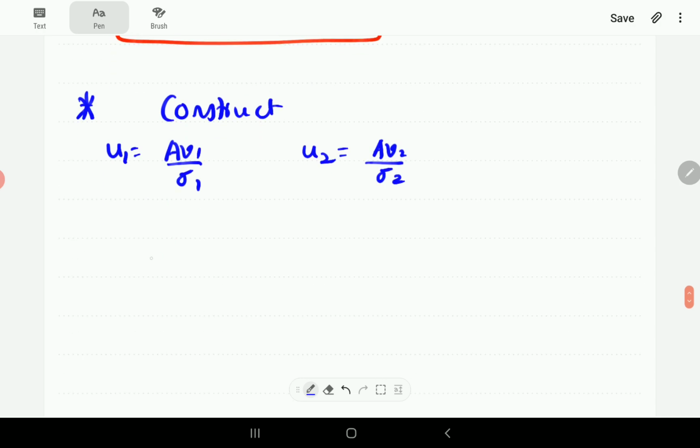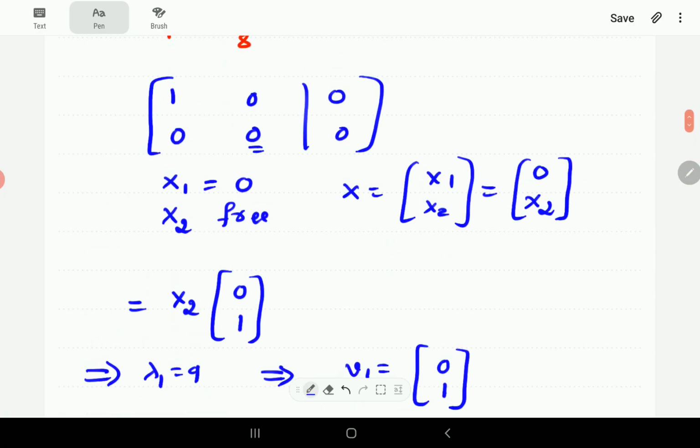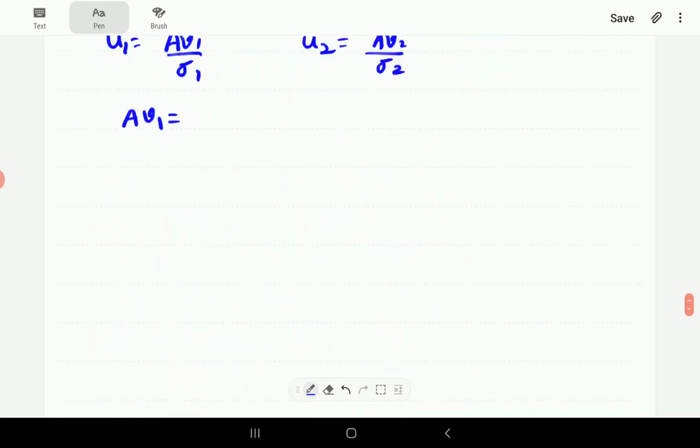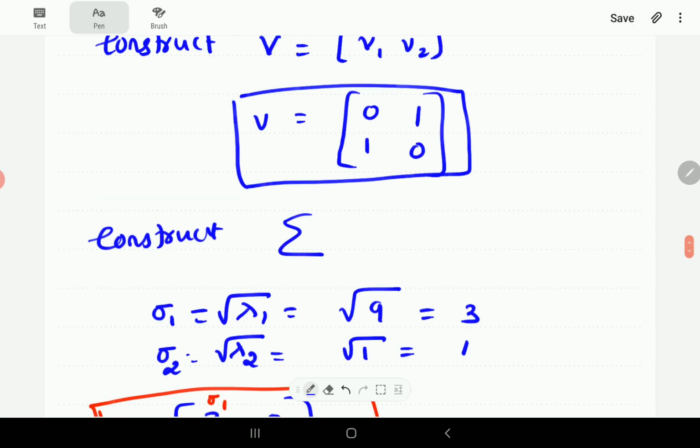So what is our A? Let us calculate A into v1. Our matrix A is given by, what is our starting matrix? 1 0 0 negative 3. A is 1 0 0 negative 3 into v1, that is 0 1.